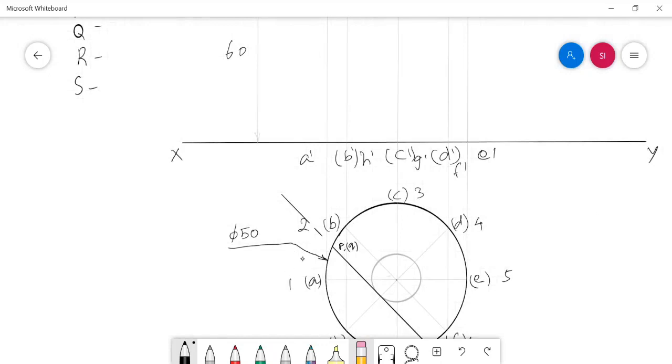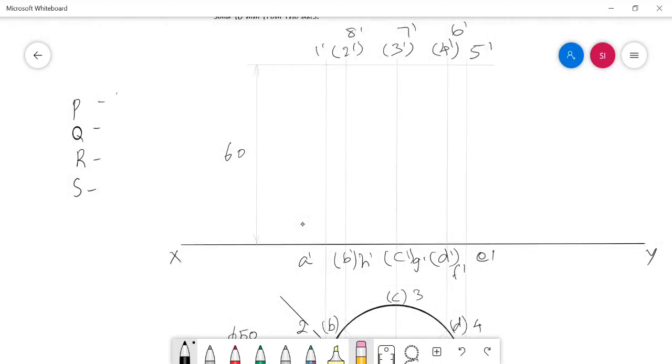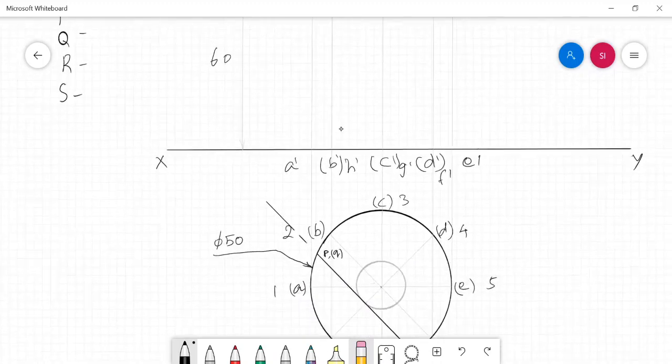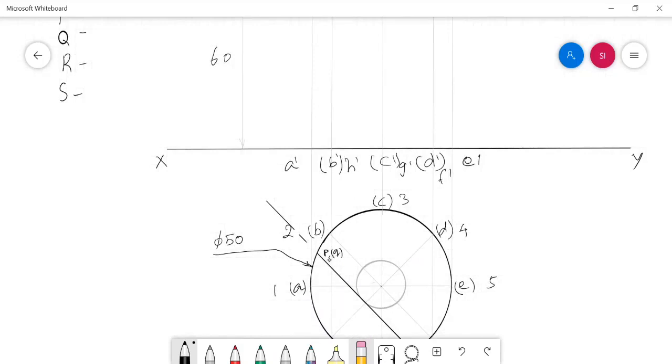In these PQRS cut points, the cut point P can be given to the piece of arc 1 2, because it's not in the bracket, so it can go to 1 2. So the point P is in the 1 2 arc piece, and Q automatically goes for AB.